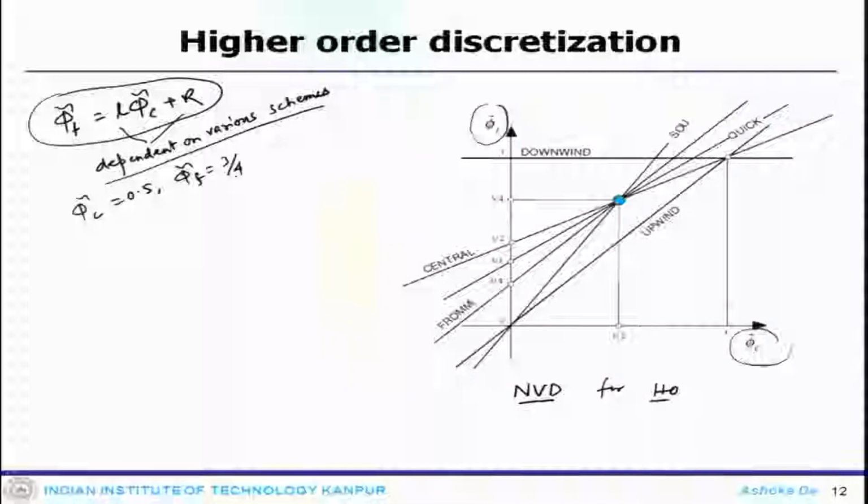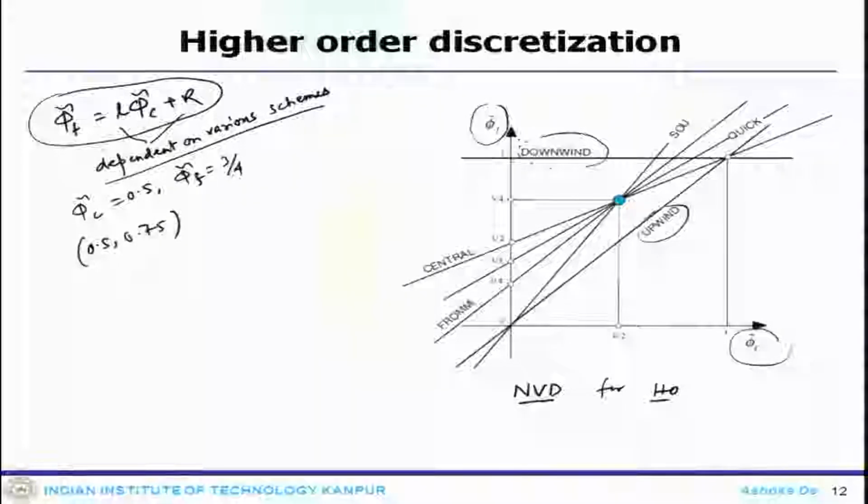So, all of them actually pass through that point 0.5 and 0.75, except two first order schemes: the upwind scheme and the downwind scheme. These two schemes do not pass through that point. Other than that, all other higher order schemes like second order and third order schemes pass through that point.